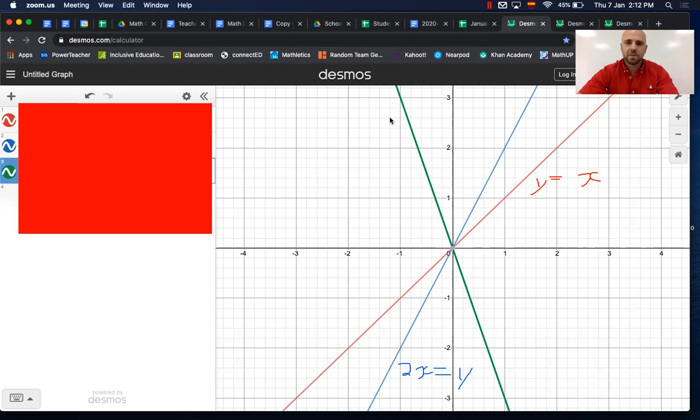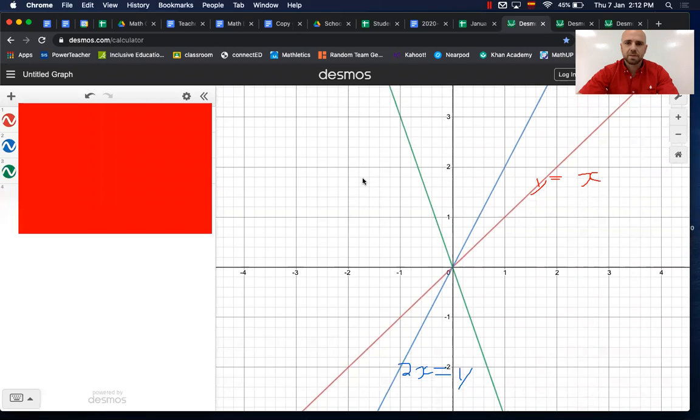And then for the last one, the green one, I have an opposite slope. Let me erase that quickly and move this down a bit so you can see. As I look at the slope, I'm looking at a point here, and then it gets to the origin, and I can tell that it's going down, so I'm going to have a negative numerical coefficient.